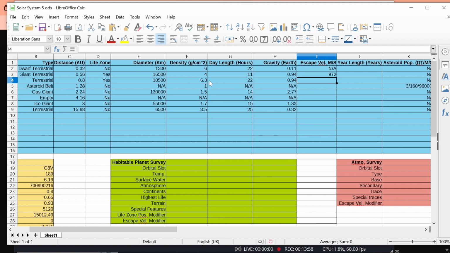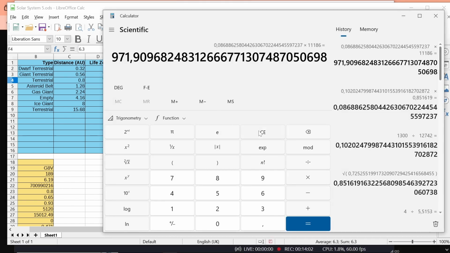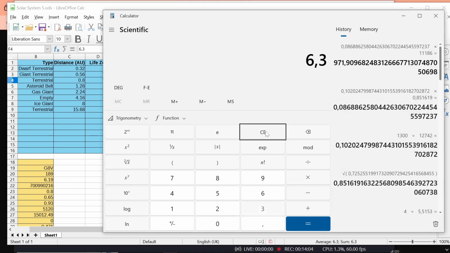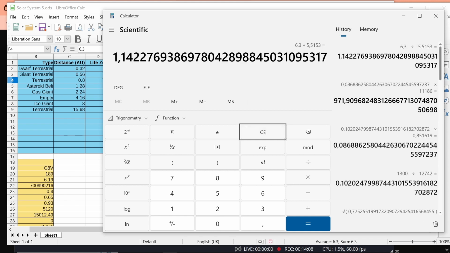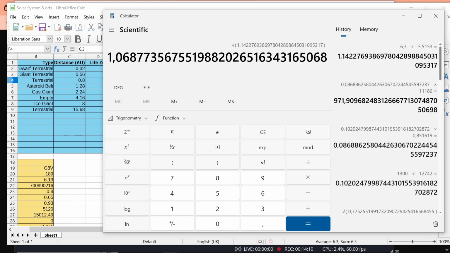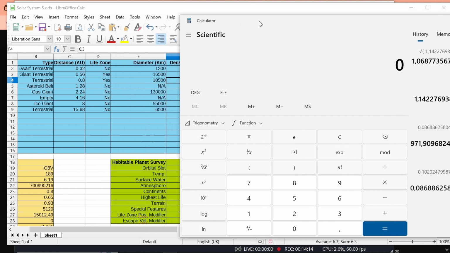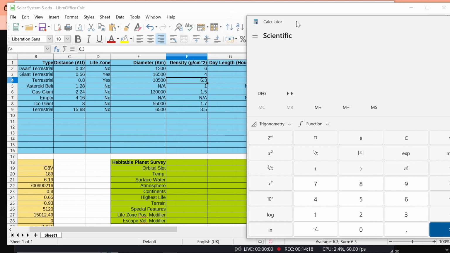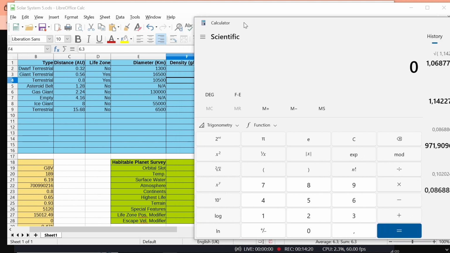Terrestrial, so we start with the density, 6.3. 6.3 divided by 5.5153 equals, take the square root of that number. Now, the diameter for our, sorry.